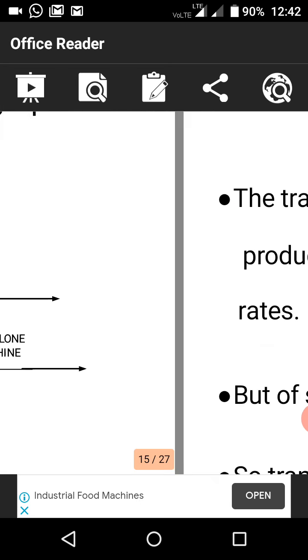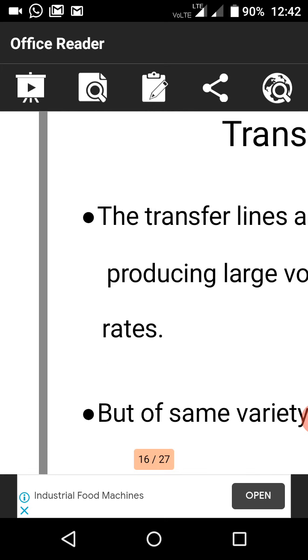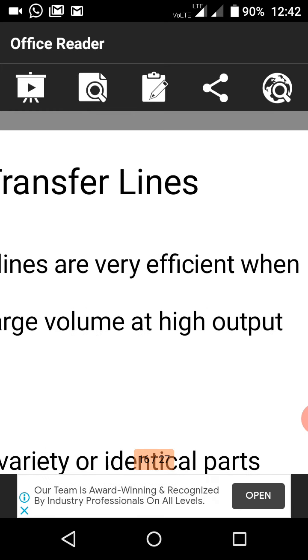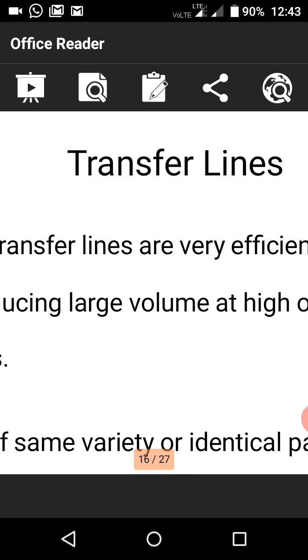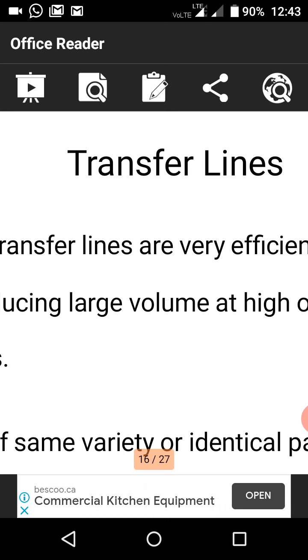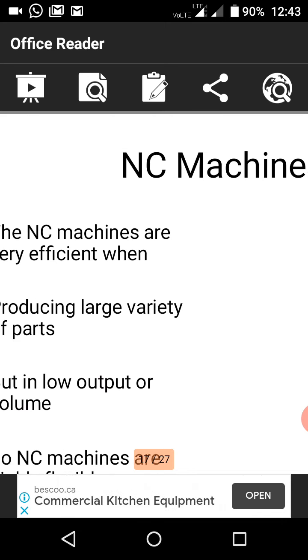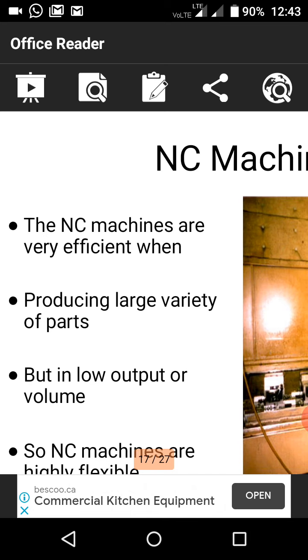Understood this? Next we see NC machining. What is this NC machining?